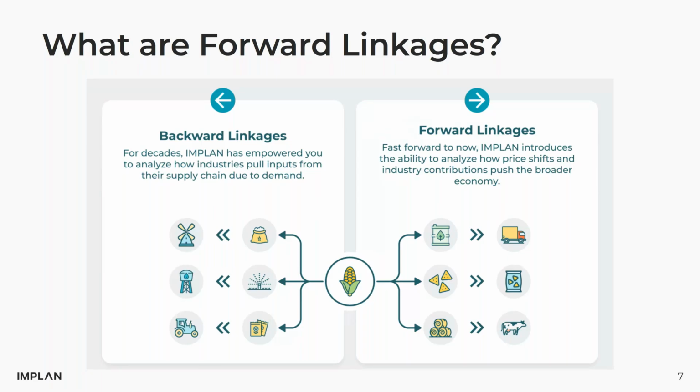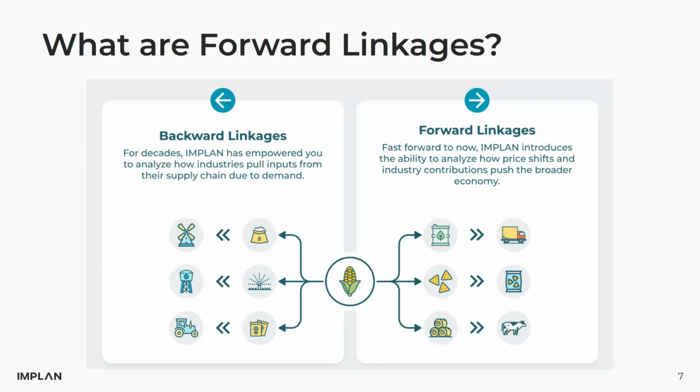Starting with corn and looking downstream at the forward linkages, we see that corn is processed into many different goods and services, such as ethanol, corn chips, and feed for animals. Those are used even further downstream in transportation, for example, and then used in other forms for other downstream activities, such as using that feed in agriculture downstream.